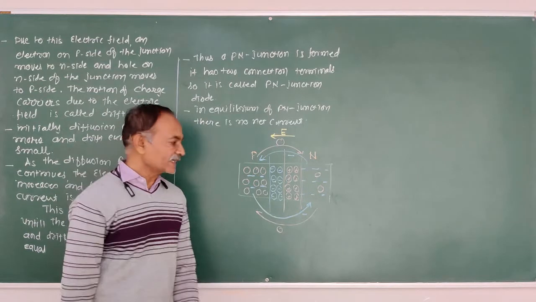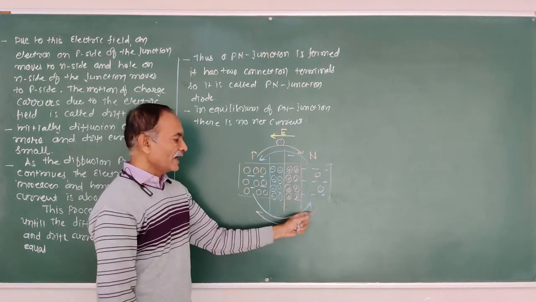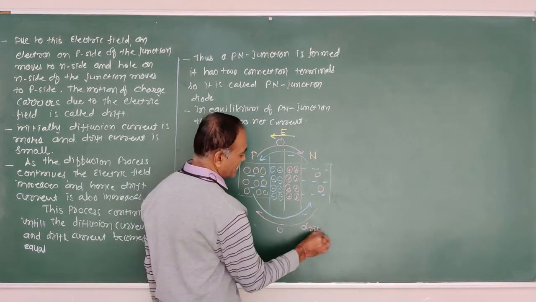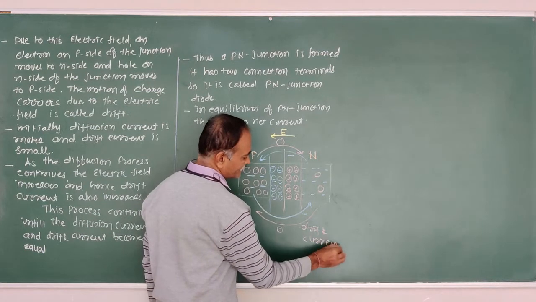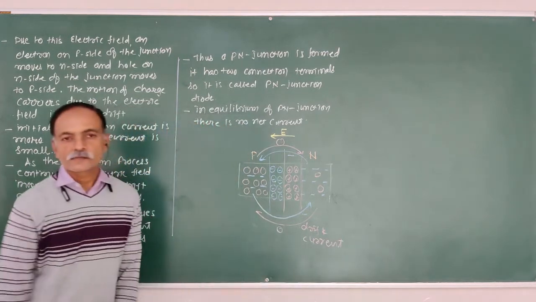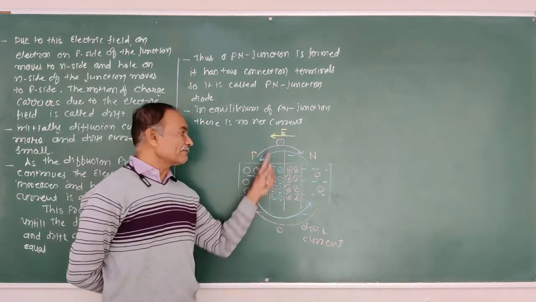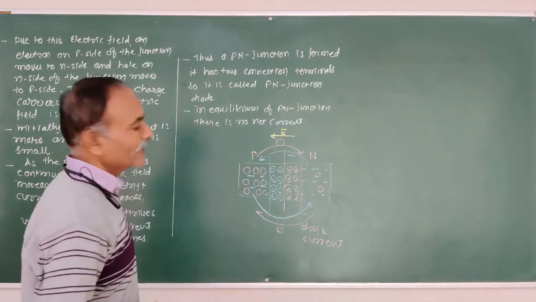That means drift of electrons from P to N and of holes from N to P takes place. As a result, a drift current is generated. So a drift current is formed after the establishment of the electric field.